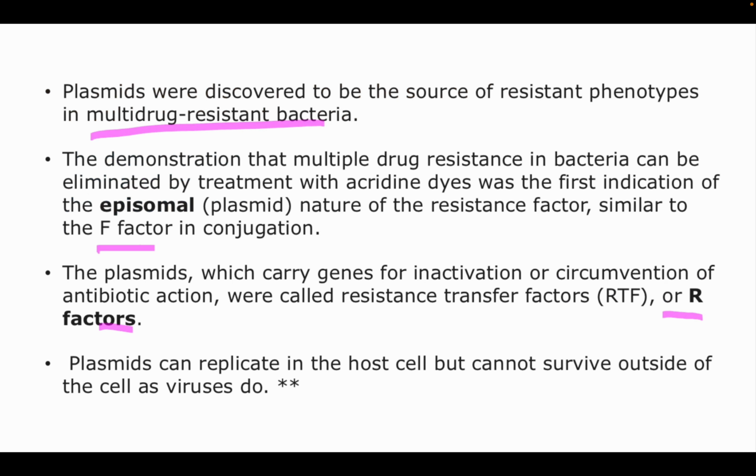Okay, that's why the acquisition of resistance genes from the host chromosomes of unknown bacteria is the presumed origin of this resistance factor of the plasmids. So again, plasmids can replicate in the host cell but cannot survive outside of the cell as viruses do.